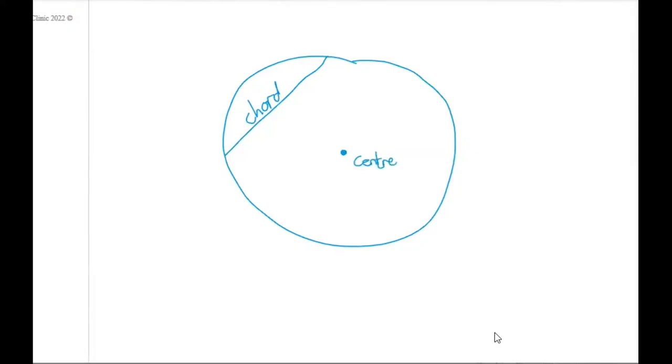The radius of a circle is the line from the center going to the circumference. And a diameter is going all the way across through the center. Okay, so it's a chord, diameter, center, and radius.